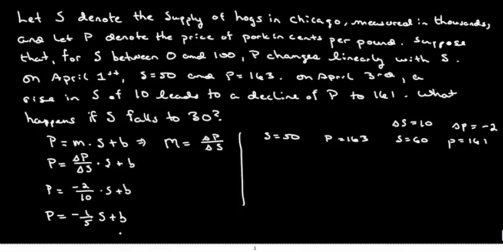Now the question is, what is B? To solve for B, we can use either of these 2 points and plug it in here. I'll just use the first one.